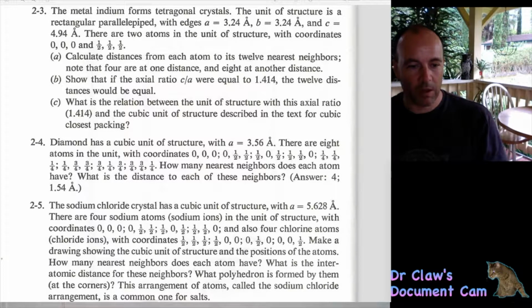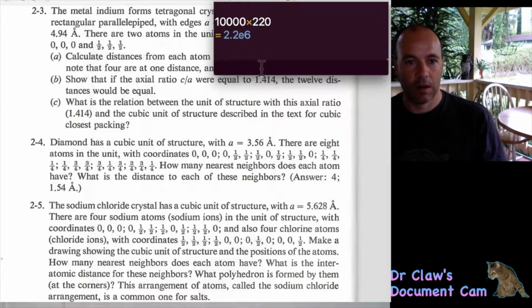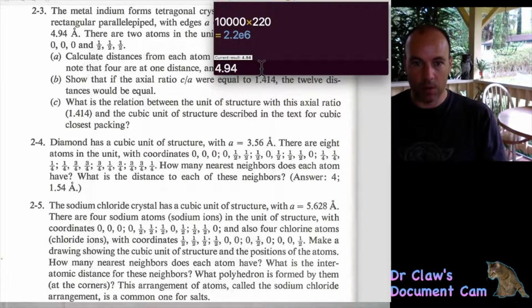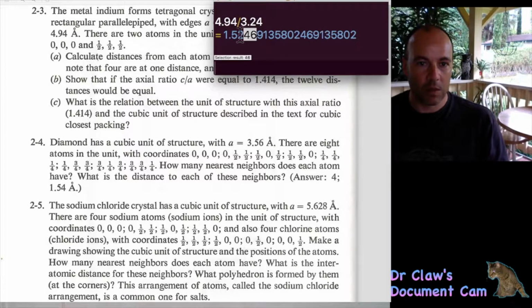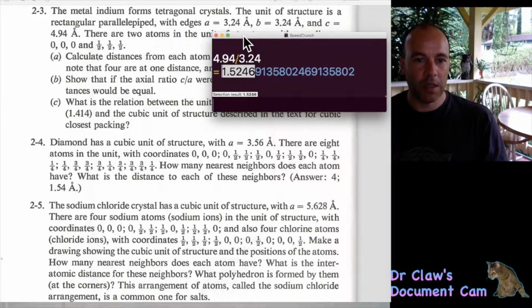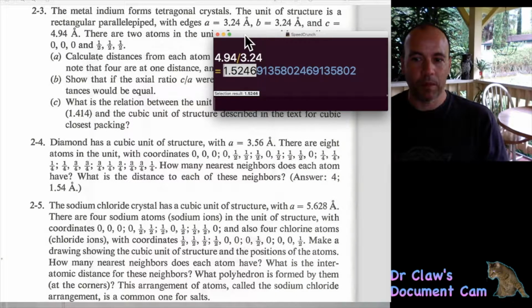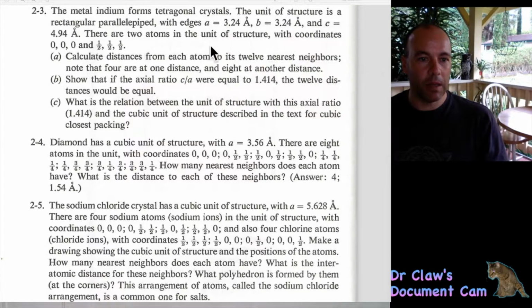Okay, if we calculate that, 4.94 over 3.24, well then that's 1.524. So in part A, the ratio of C over A is 1.5246, but in part B it says, well, what if the ratio were equal to the square root of 2?